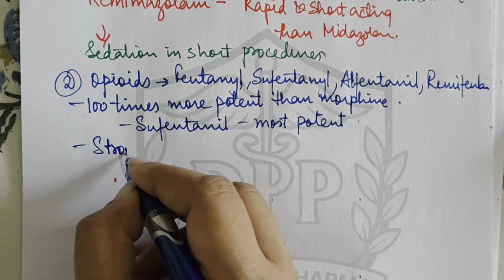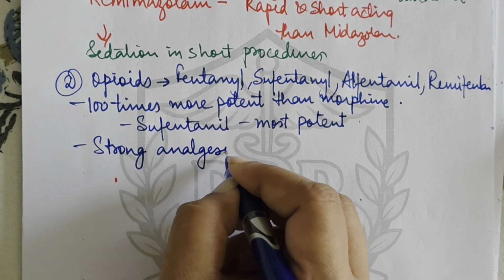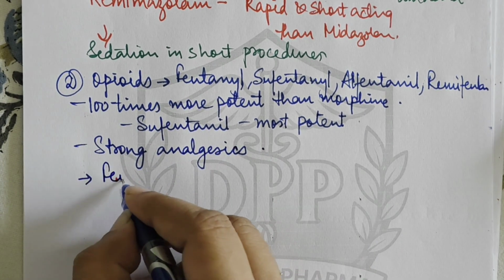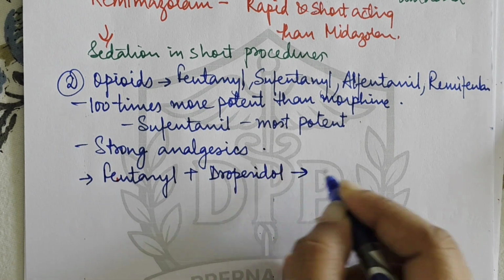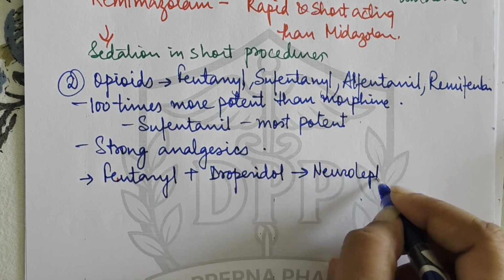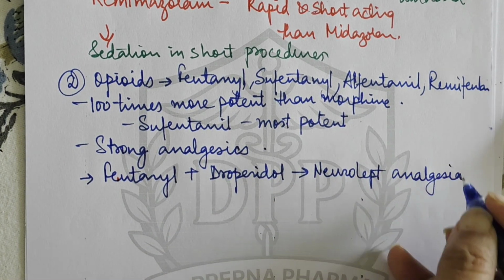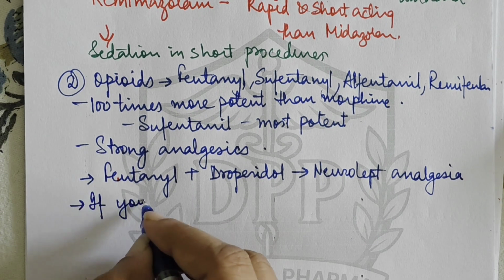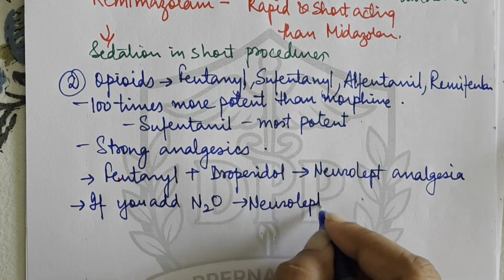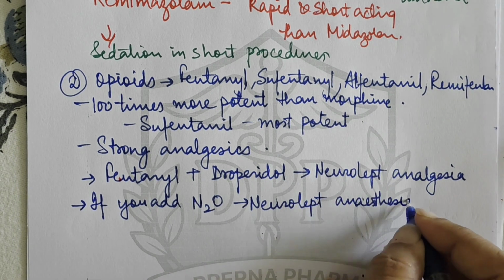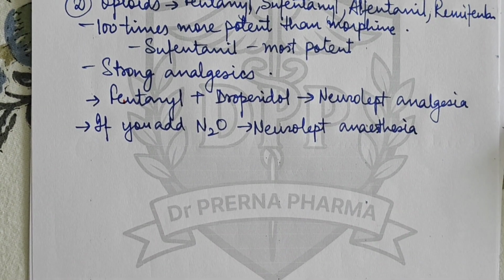They are very strong analgesics. Then fentanyl is used with droperidol to cause, what does it cause? Neuroleptic analgesia. If you add N2O, then it becomes neuroleptic anesthesia. That is N2O plus fentanyl plus droperidol.